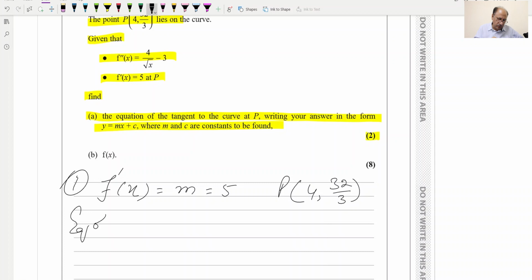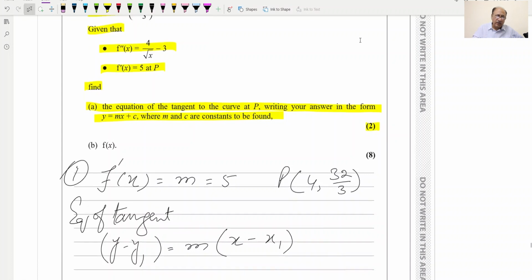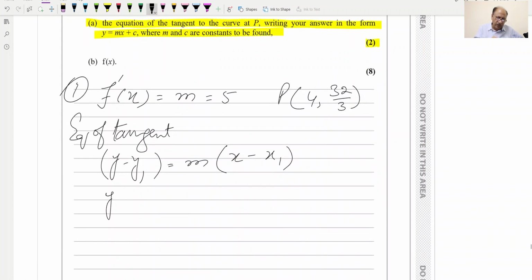So the equation of the tangent will be y minus y1 is equal to m of the tangent into x minus x1, and we will replace the values. y minus y1, which is 32 by 3, is equal to m, which is 5, into x minus x1, which is 4, so minus 4.